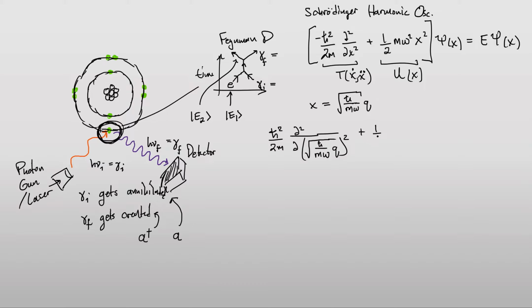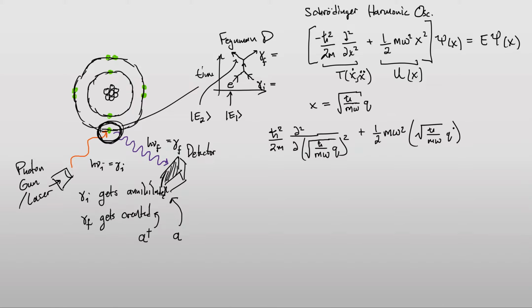That's going to be 1/2 m omega squared, and then I'm going to have an h bar and then an m omega and q, then I'm going to square all that. All right, so this is our operator now.